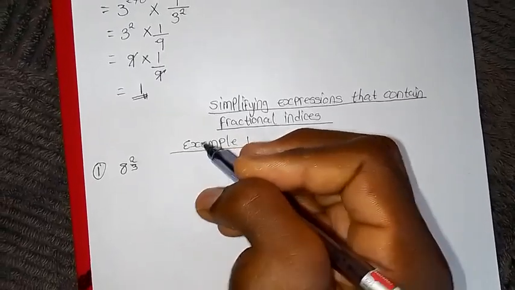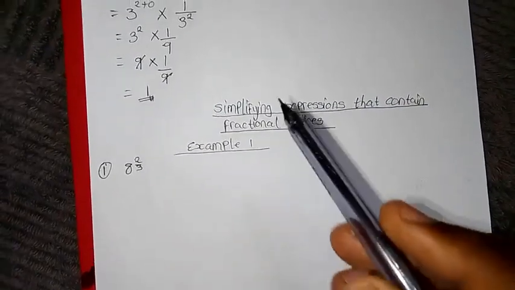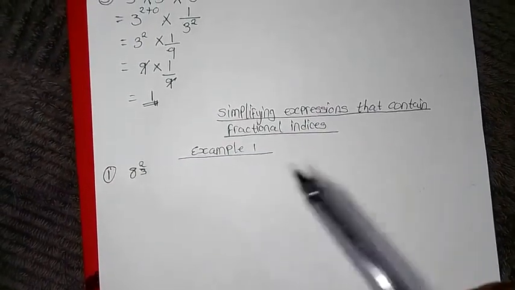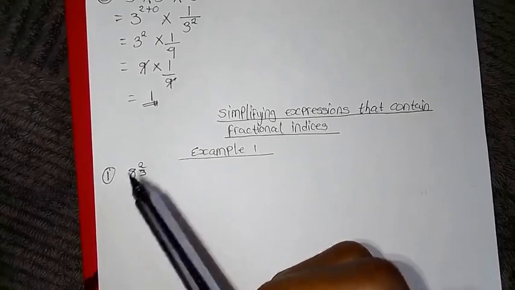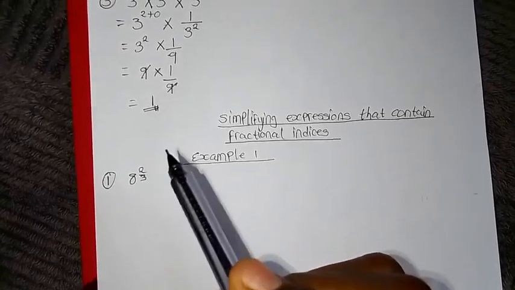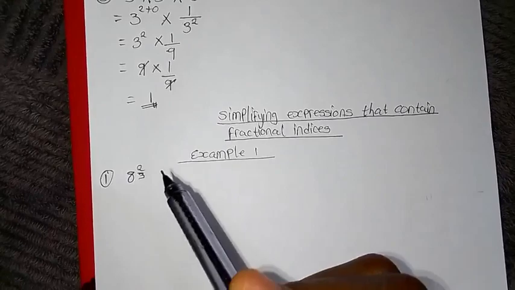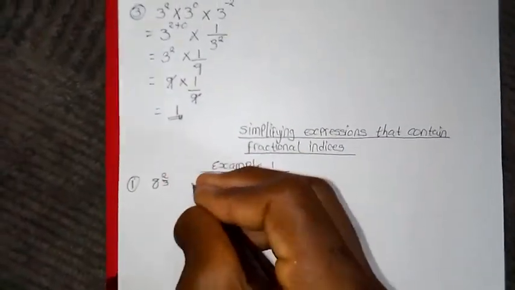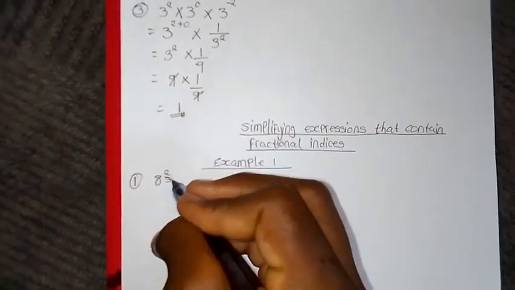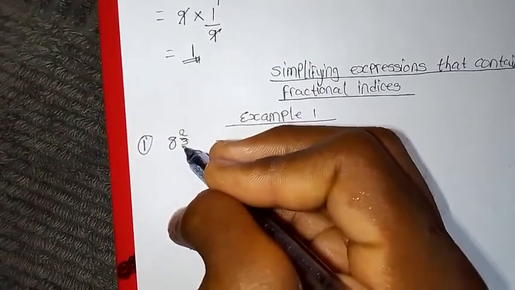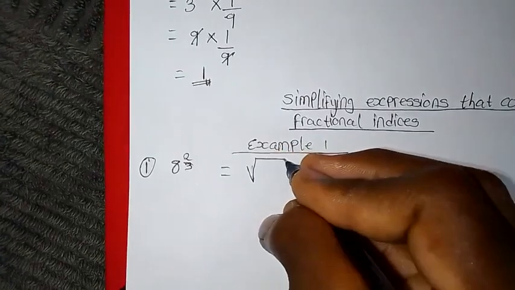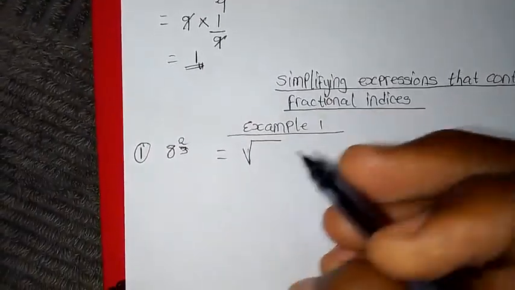So our next subheading is simplifying expressions that contain fractional indices. I have an example here: 8 to the power 2 over 3. For this one, you have to take the denominator of the fraction, which is the 3. When you see a fraction when you're dealing with indices, you have to introduce the root symbol.